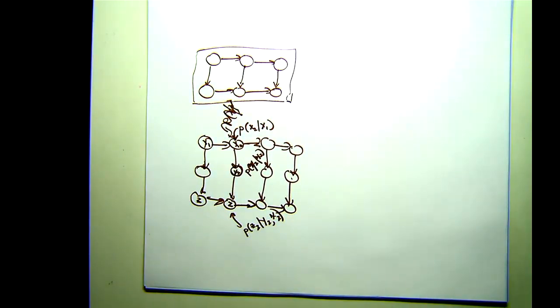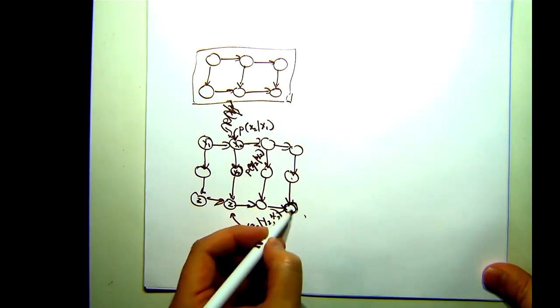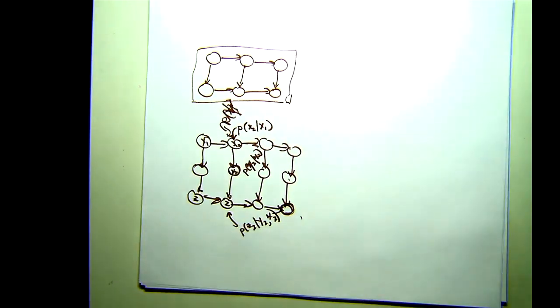But the important thing is that we can do efficient inference on this because there is no loop. Because we can always start sort of at the end. In this case, you'd basically start way over here, and you work backwards along the dependency chain to figure out the most probable things at each step.